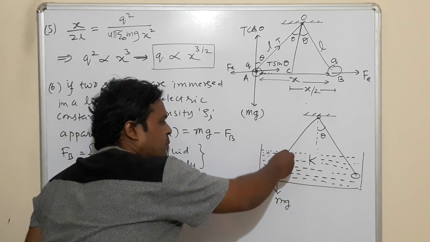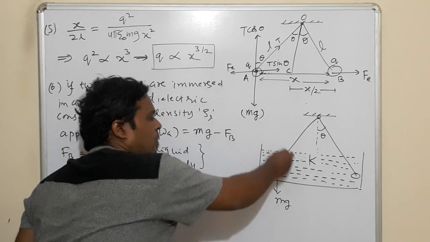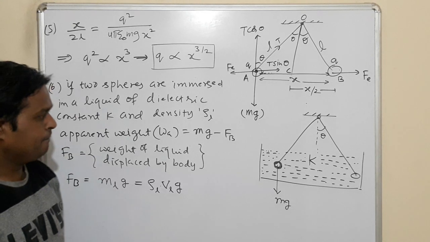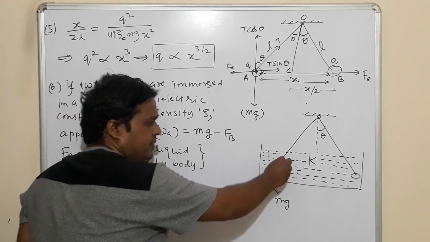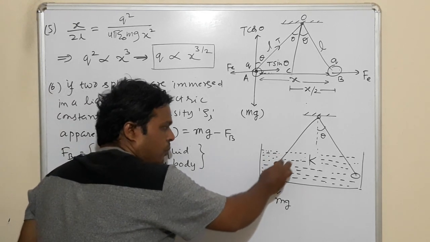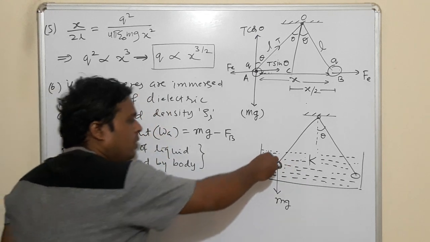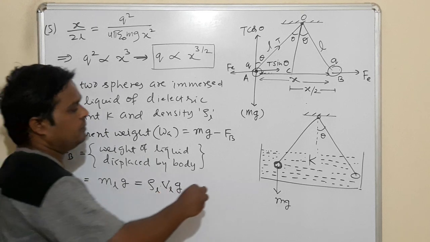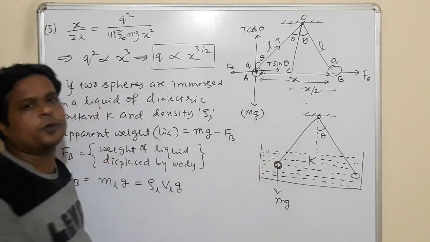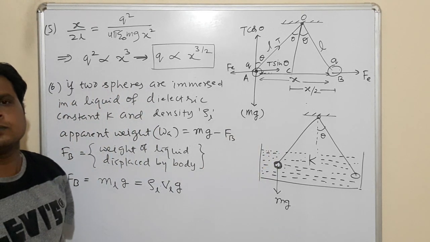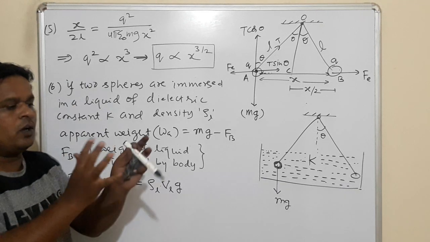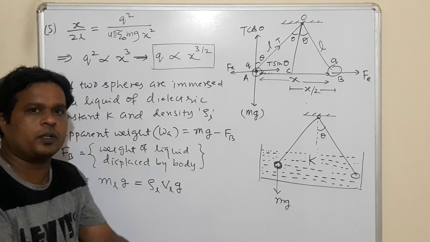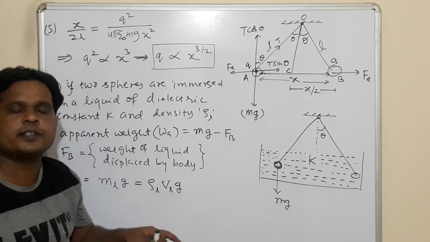It is going to displace a volume of liquid which is equal to volume of its own body. See, the volume of liquid displaced by the body will be equal to the volume of the body. See, if a ball of volume 100 cm cube is immersed in water, how much liquid will it displace?